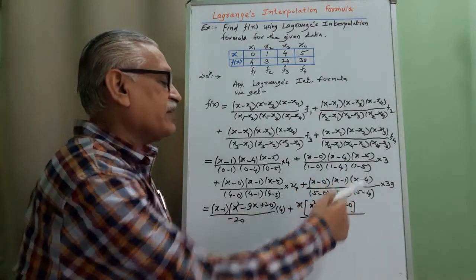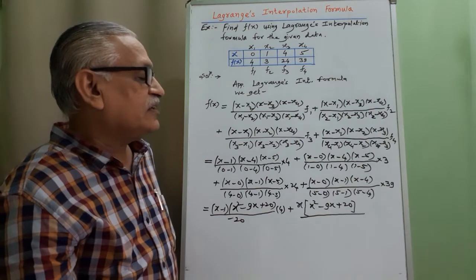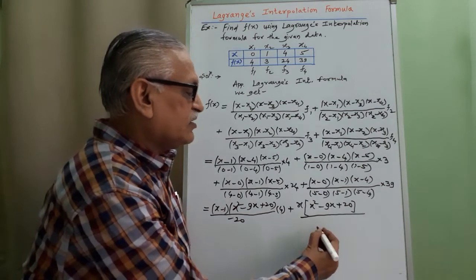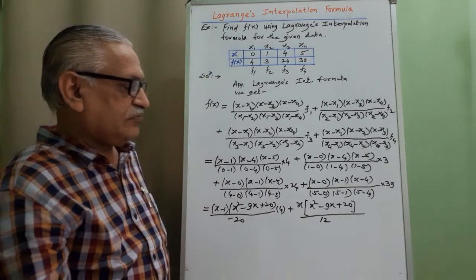Therefore minus and that minus becomes plus. 1 into 3 we get 3 and 4 3s is 12. Therefore it is divided by 12 into 3.